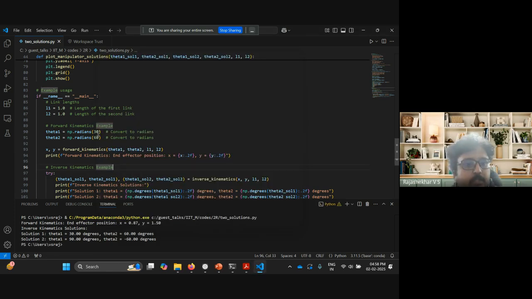Okay, next we'll try to give one angle as 0 and the other as 0. Can you guess what will happen? The two angles are 0 now. How will the two solutions be?